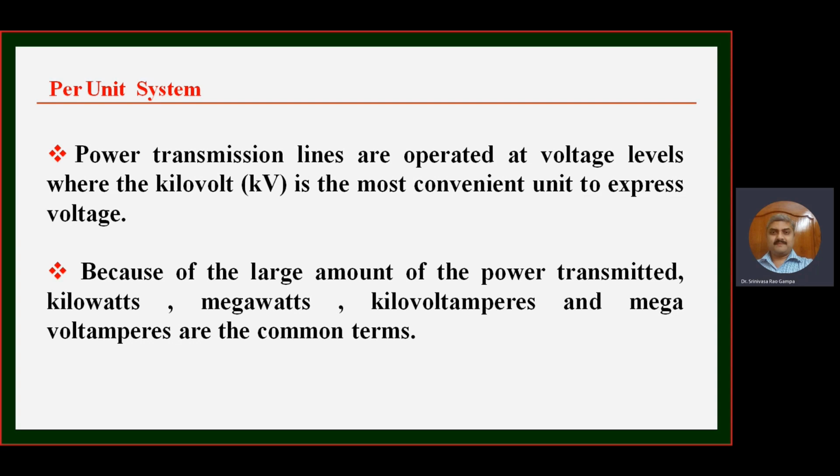Dealing with these big numbers is very difficult and uncomfortable when you perform different types of mathematical operations. So we are going to introduce the per unit system, which simplifies the computation, and it also has a great advantage related to transformers, which we are going to identify in the coming lectures.